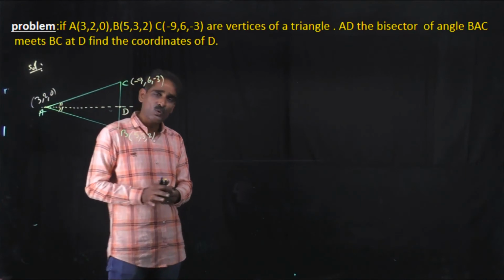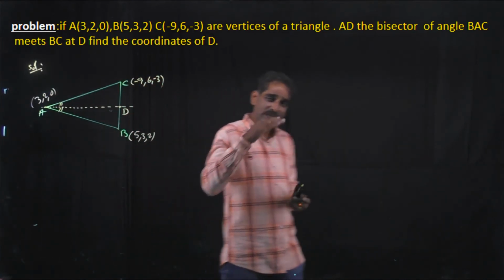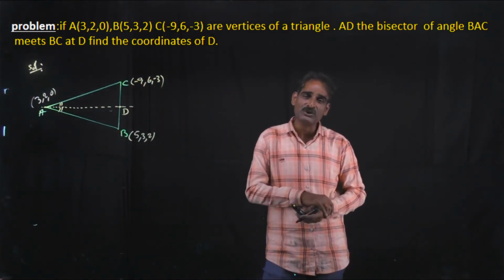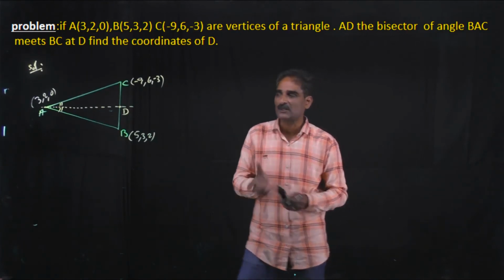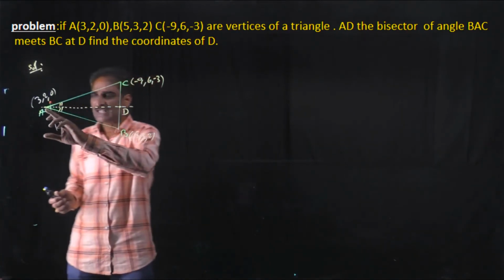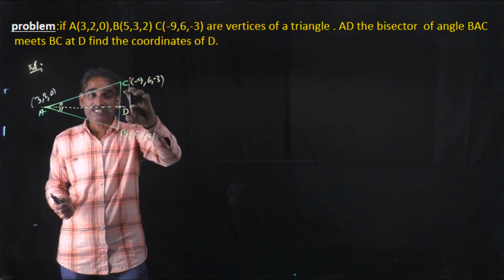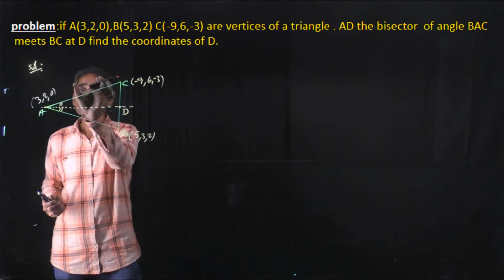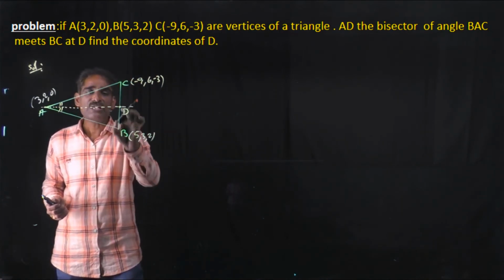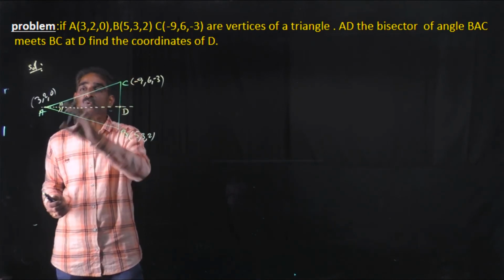All of you know the internal bisector through any point divides the opposite side in the ratio of the other two sides. That means the internal bisector through A divides this side in the ratio of the other two sides. That means BD is to DC is nothing but AB is to AC.